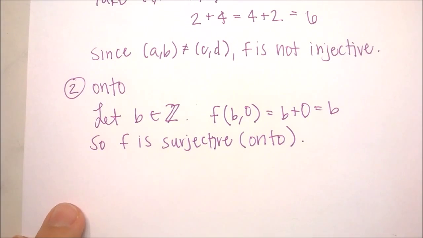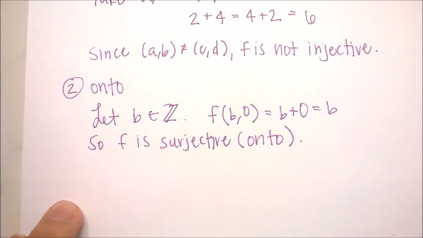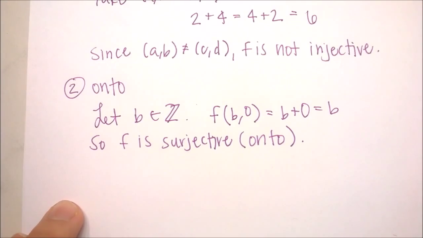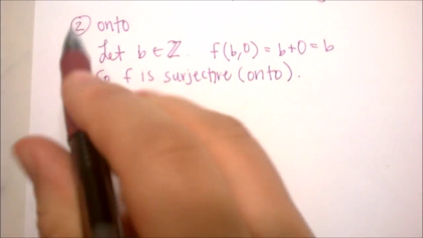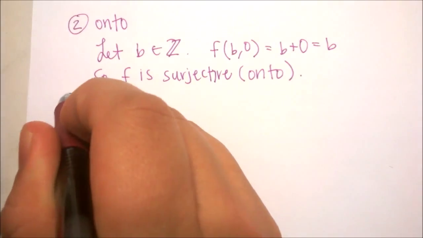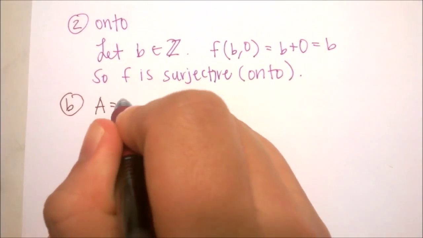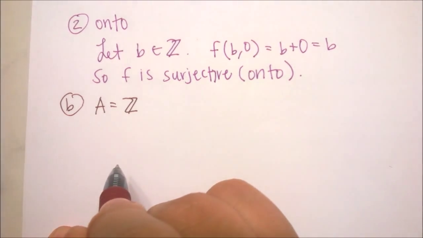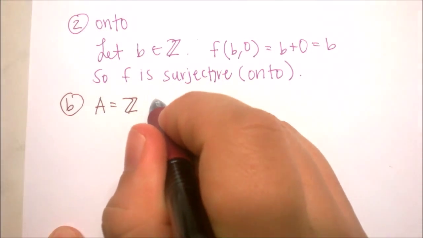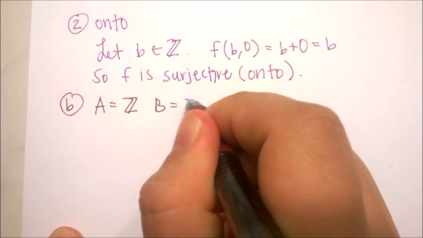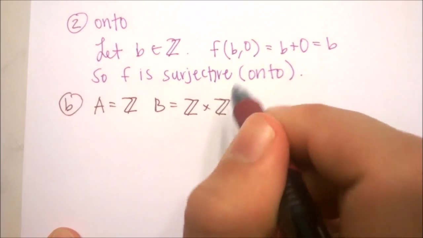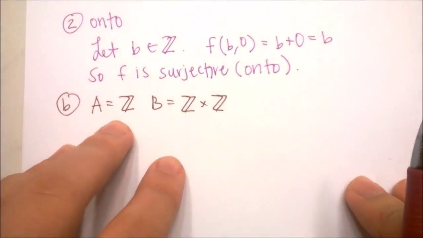Okay, so let's pick another example. So this will be b. Let A be the set of all integers and B be an ordered pair of integers. So it's kind of the opposite of our last problem.